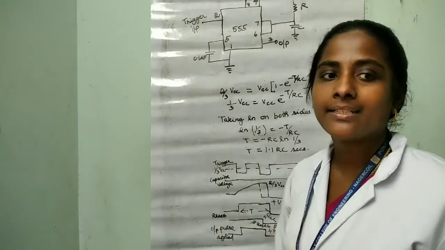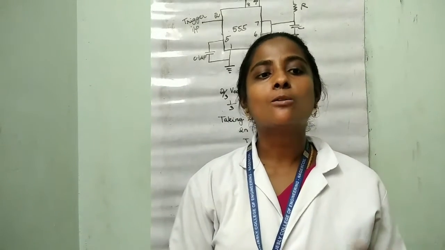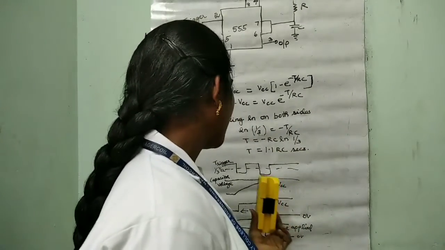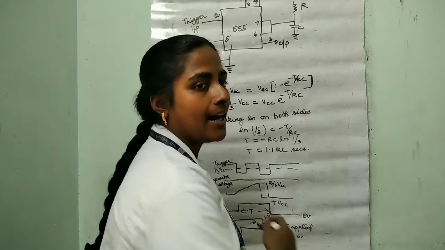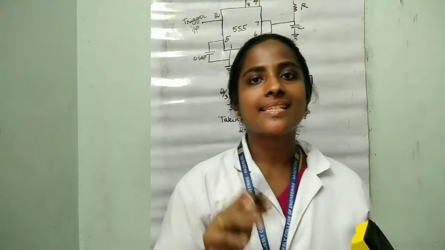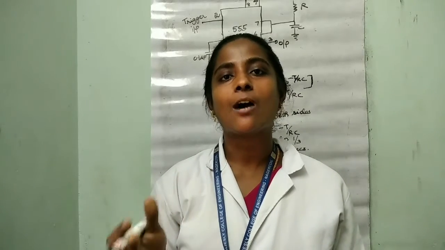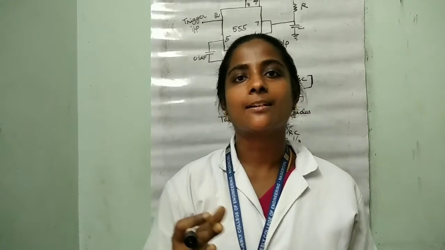Once the trigger input is applied, the output remains in high state until the time t elapses, which depends upon R and C. If any additional trigger pulse comes, it will not change the output state.